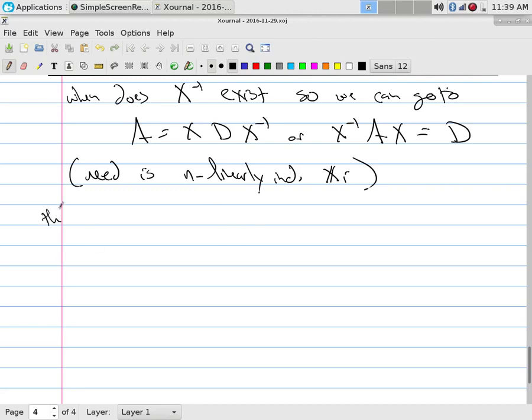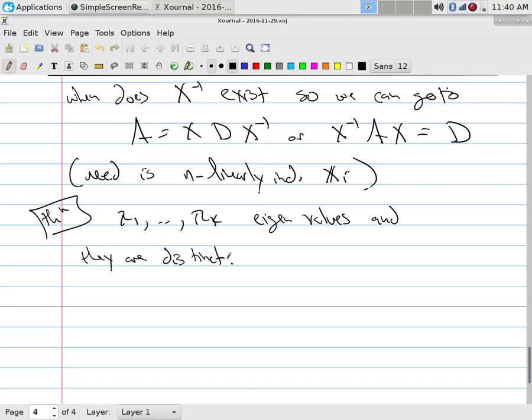So we have a couple of theorems. First, if you're given a bunch of lambda, I don't care how many you have, if you're given eigenvalues and they are distinct, there's no repeated eigenvalue.